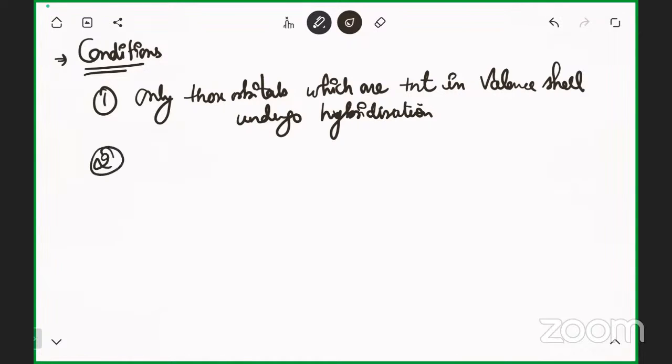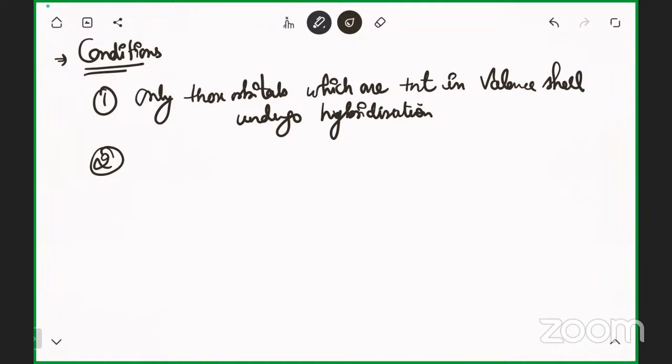The second condition is that those orbitals which undergo hybridization should have almost equal energy. I told you in the starting that there is only a slight difference. Slightly different and almost equal are approximately the same thing. I'm not talking about a large gap between the energies. Orbitals having a large gap cannot participate in hybridization.